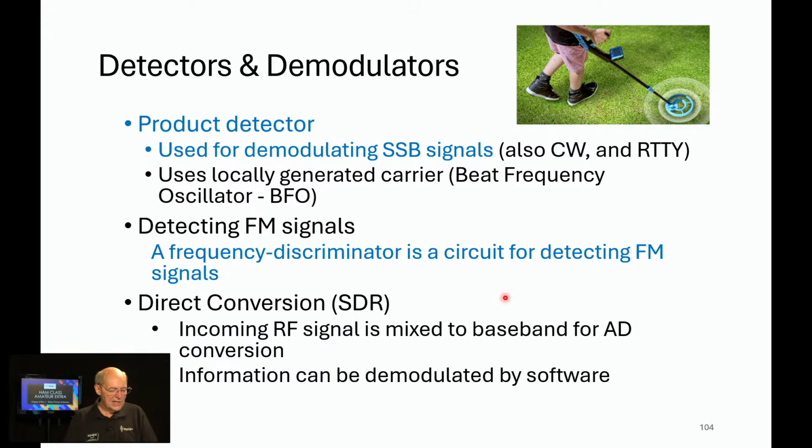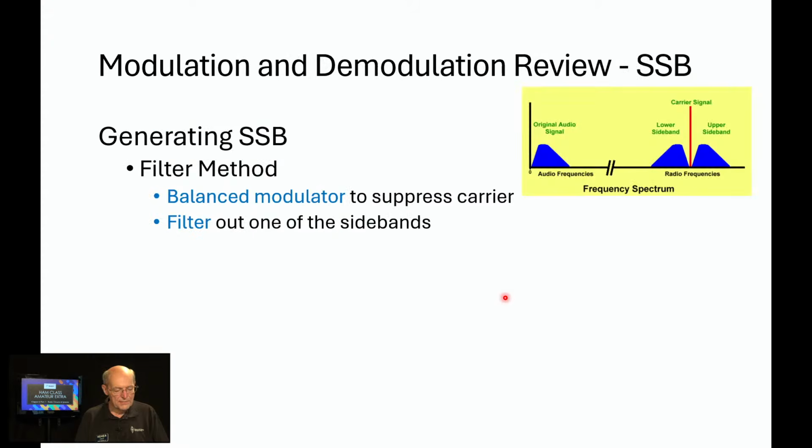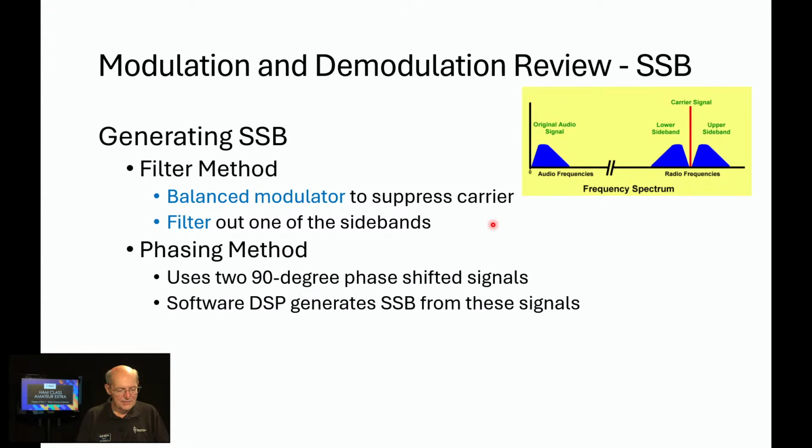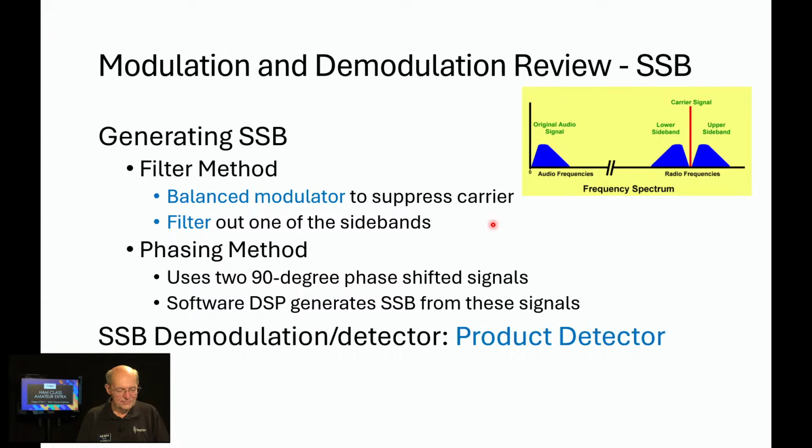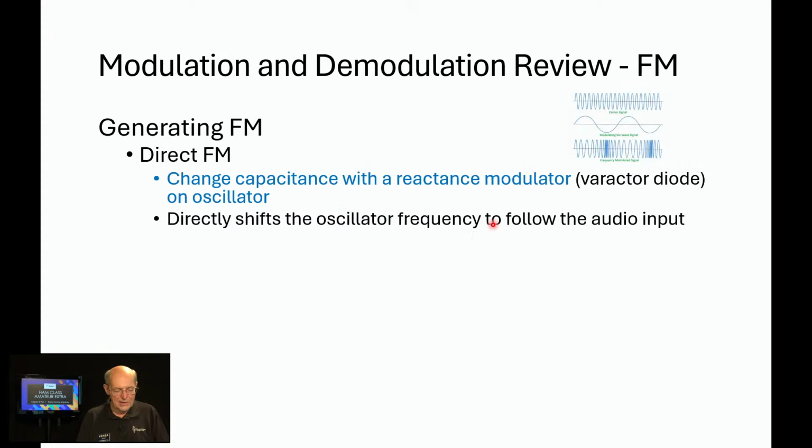Next week, we're going to be talking about direct conversion of signals, software-defined radios. More on that next week. So single sideband, we already saw that we've got these two methods of doing it, the filter method and the phasing method. For SSB demodulation, product detector.